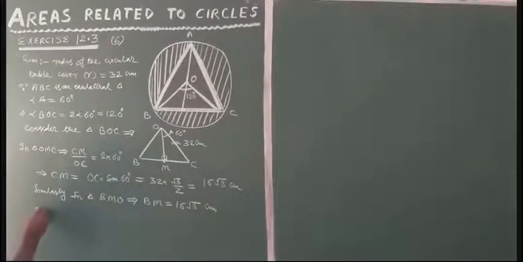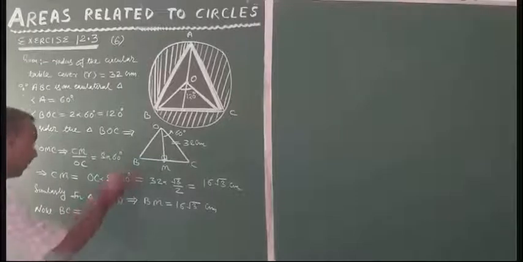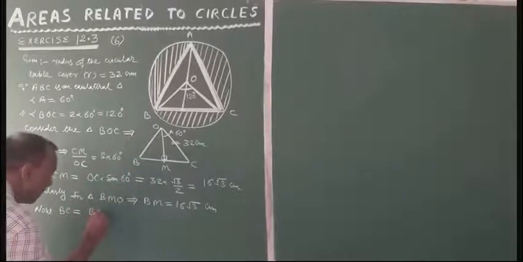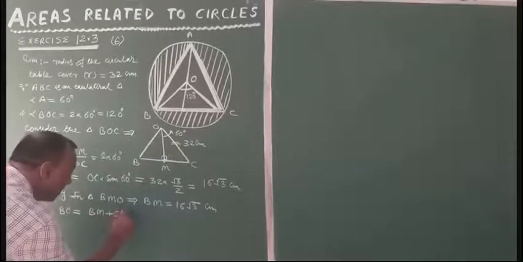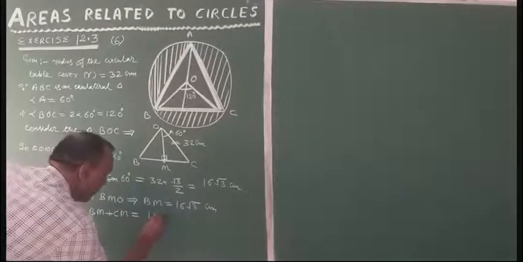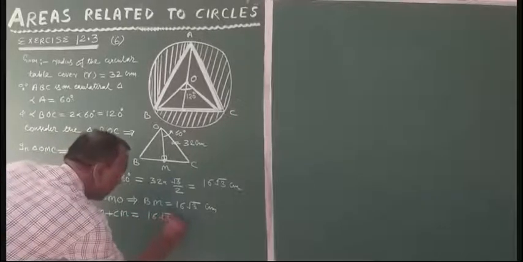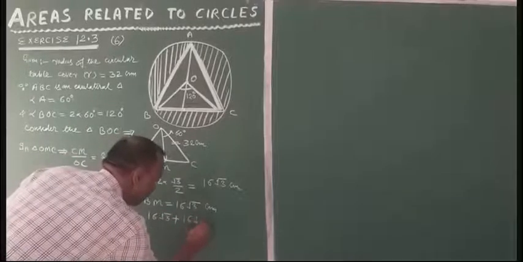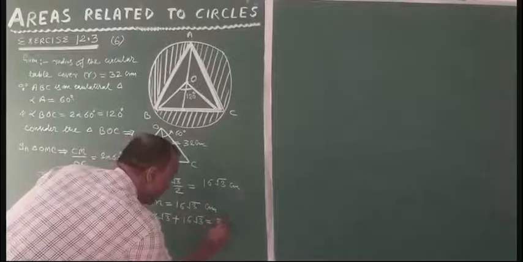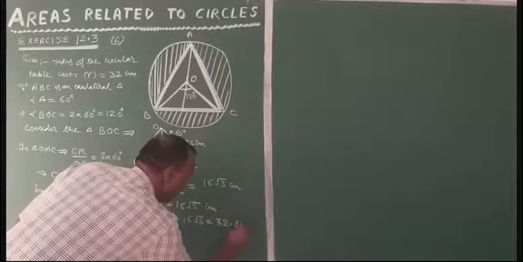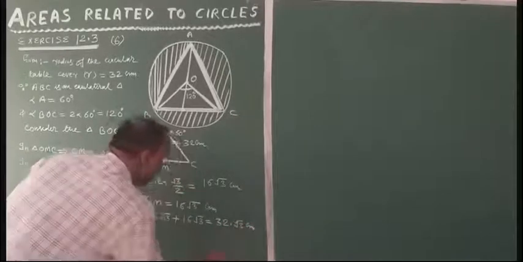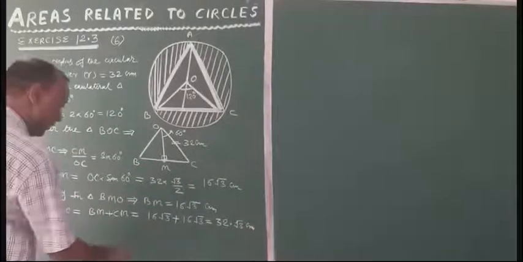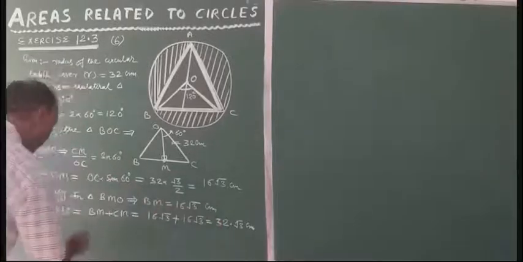Now this BC will be BM plus CM, that is 16 root 3 plus 16 root 3, that is 32 root 3 centimeter. The side BC is 32 root 3 centimeter.